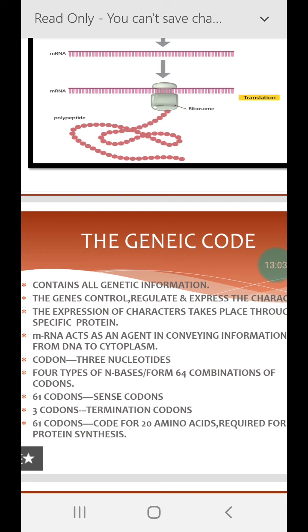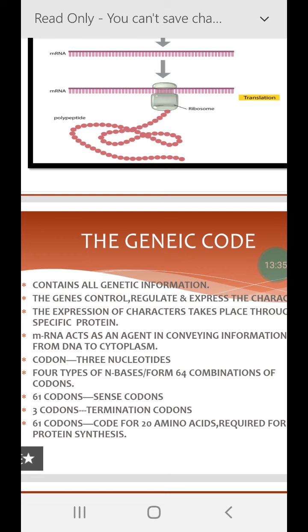So a sequence of 3 nucleotides on the messenger RNA strand is called a codon, and each codon codes for a specific amino acid. And this was suggested by George in 1954. So a codon is made up of 3 nucleotides, and there are 4 types of nitrogen bases, and they form 64 combinations of codons.